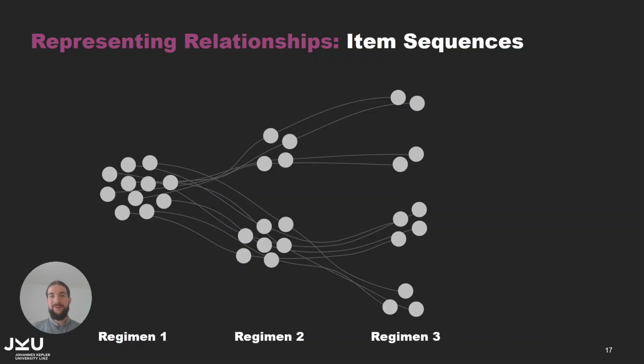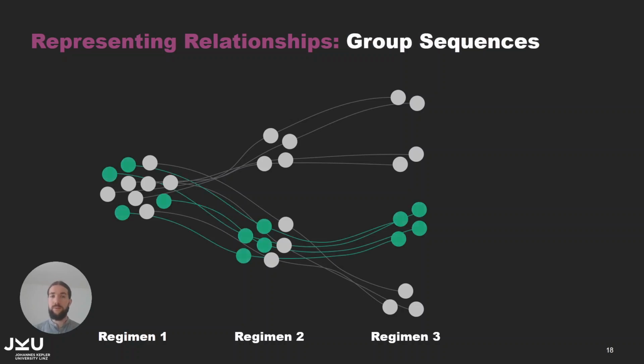We also support item sequences, which are not going to be the focus of this talk today, but they are particularly handy when dealing with data that changes over time. For example, if we have a set of patients and their data is recorded multiple times over the treatment process, then we have multiple items for the same patient, and these are then connected with a line, and we can then observe how the data of a patient changes over time.